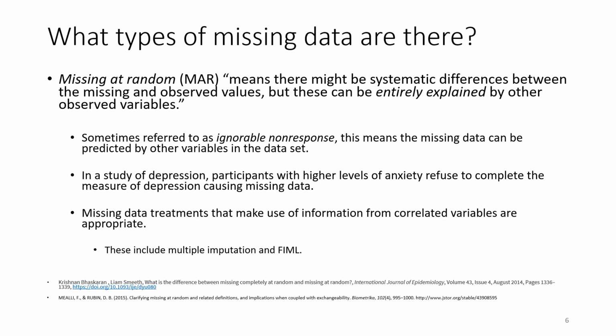So the definition is missing at random, MAR, means that there might be systematic differences between the missing and observed values, but these can be entirely explained by other observed values. And so the key here is the word entirely explained.